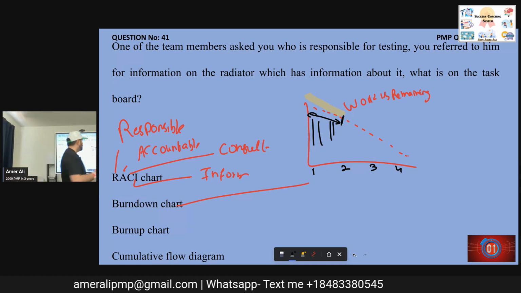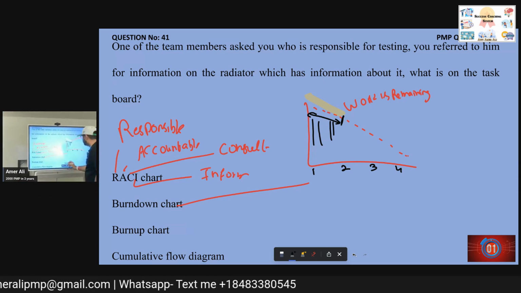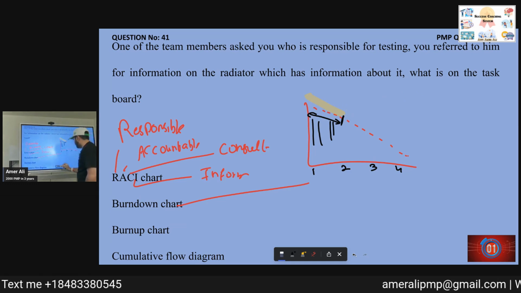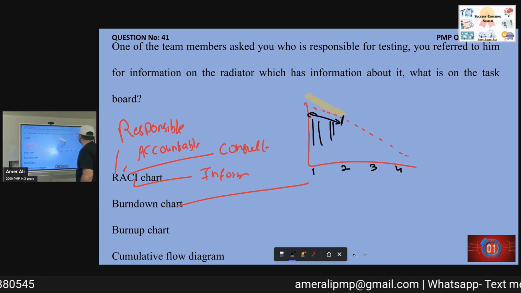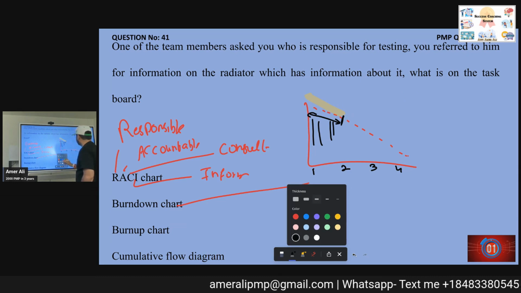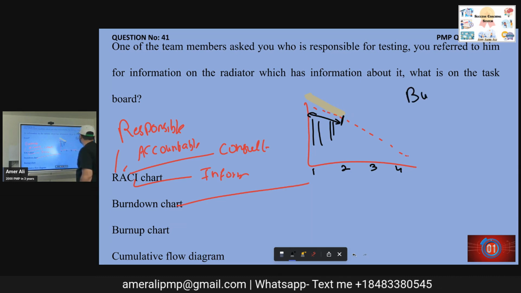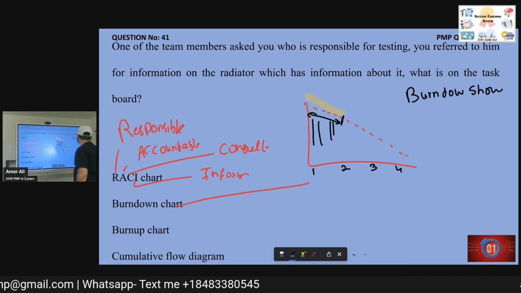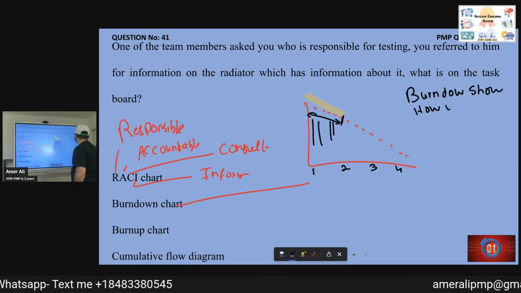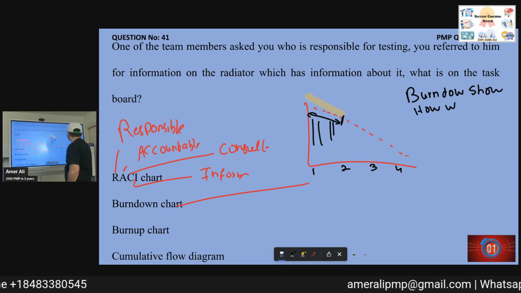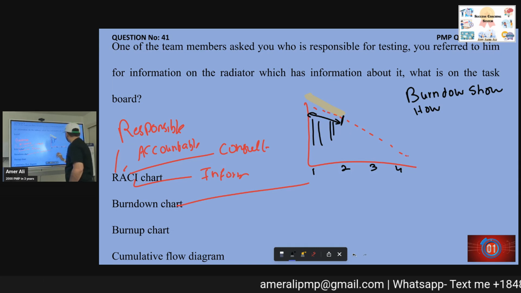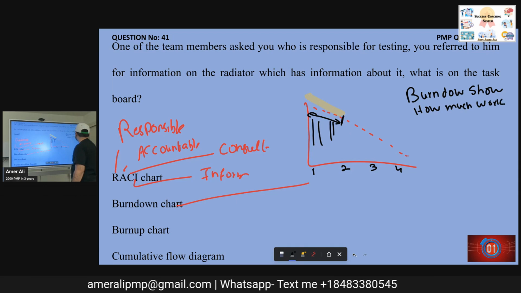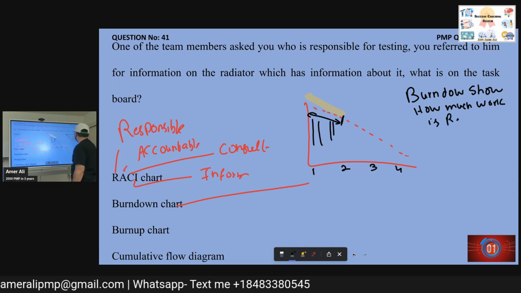The purpose of a burn down chart is that burn down shows how much work is remaining, right?